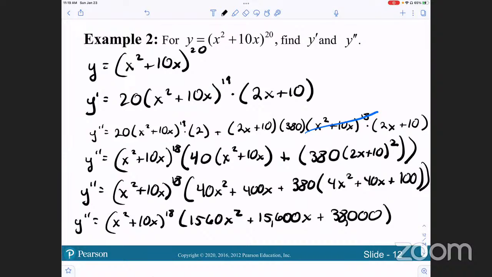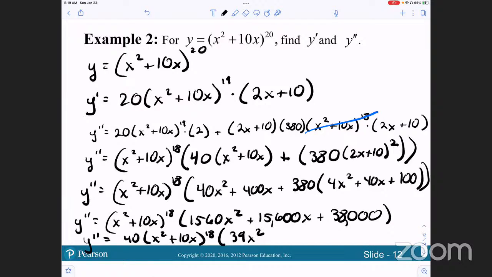Right now, y double prime. Now, if I factor out 40, x squared plus 10x to the power of 18, 1560 divided by 40. 1,560 divided by 40 is 39. Okay, 39x squared.